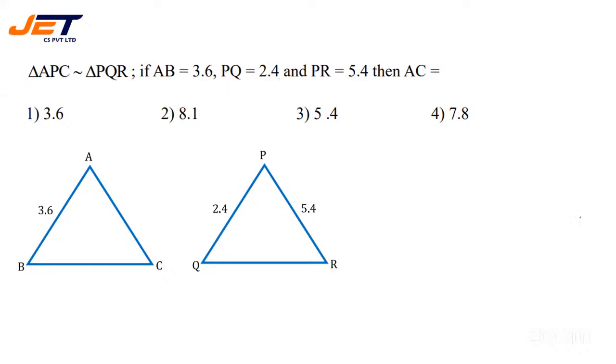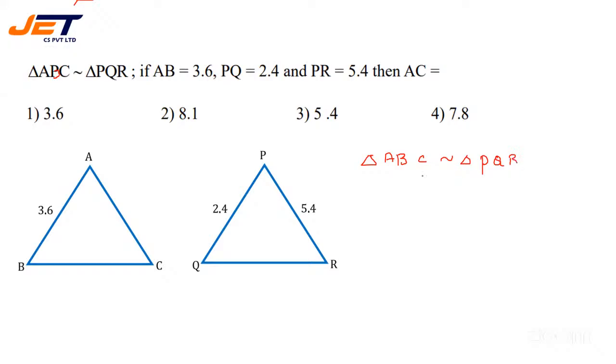Okay. So what is that? It is given here is triangle ABC. This is not P by mistake, it is written P, it is B. So triangle ABC similar to triangle PQR.